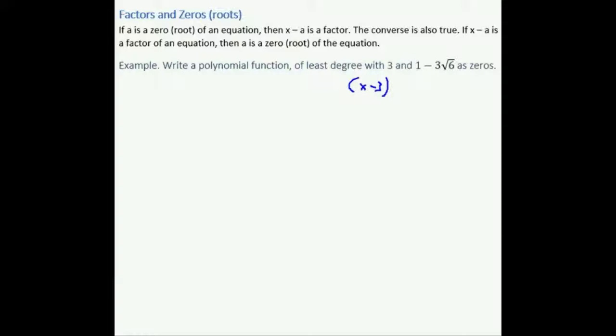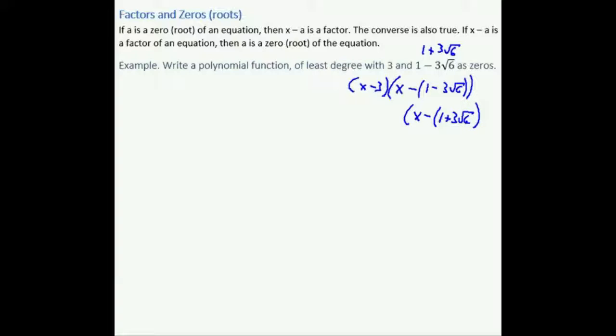If 1 minus 3 root 6 is a 0, then x minus that number, so minus, and then I put this in parentheses because that negative will get distributed, then this is a factor. Now we have to put one more here because 1 minus 3 root 6 is a 0, which means 1 plus 3 root 6 has to be a 0 also. And so another factor here is x minus this number.